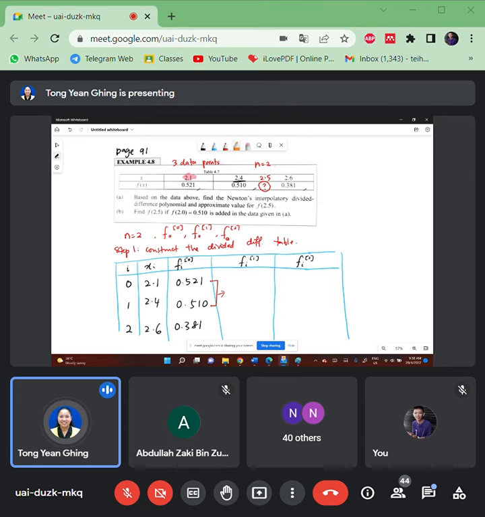So that means kalau ini saya kena ambil this value, 0.510 minus this value, 0.521, divide by, so divide by value yang mana saya consider sekarang, 2.4, right? 2.4 minus this one 2.1.